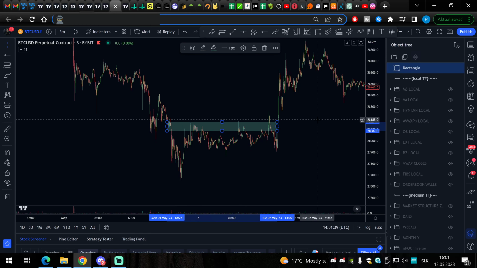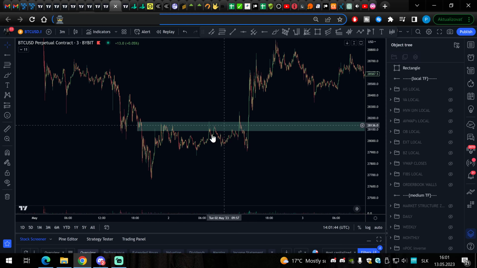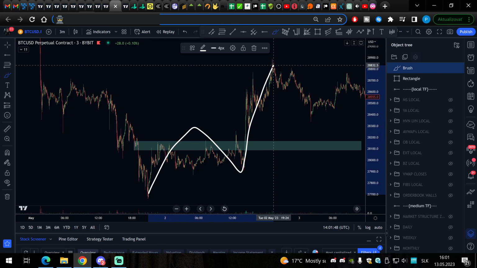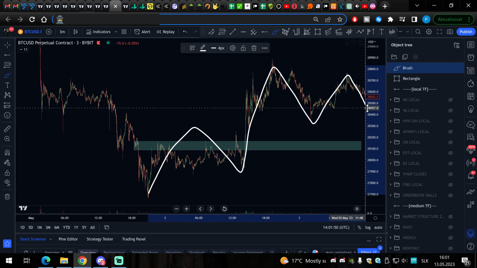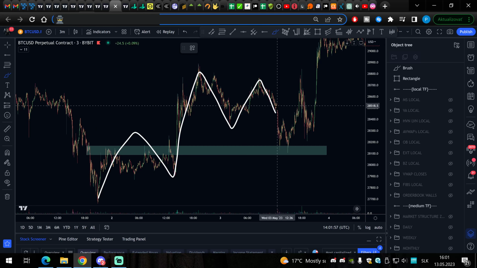Yes, many rejections. Now you can extend this, because you broke market structure to the upside, which I will show you later. So price is heading to the pullback. Now we need to extend the support area, and you are getting nice support from this area.